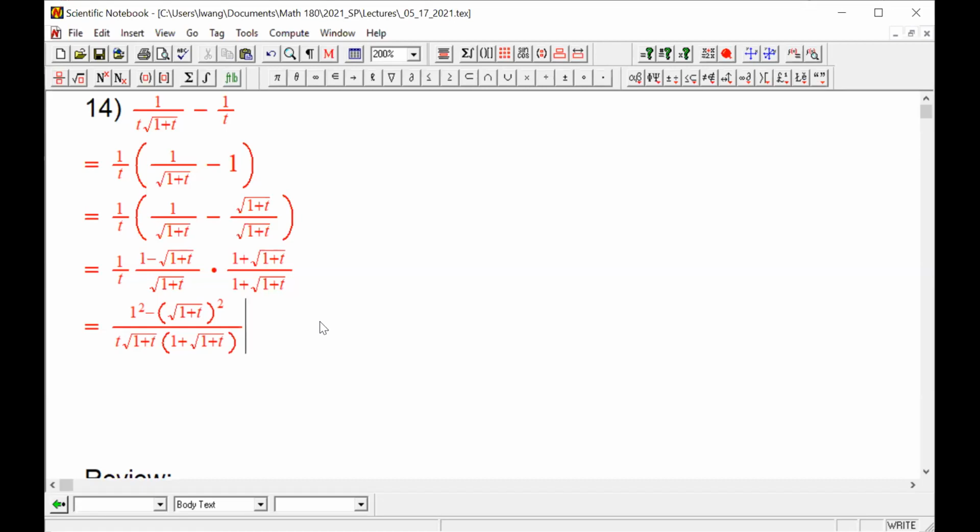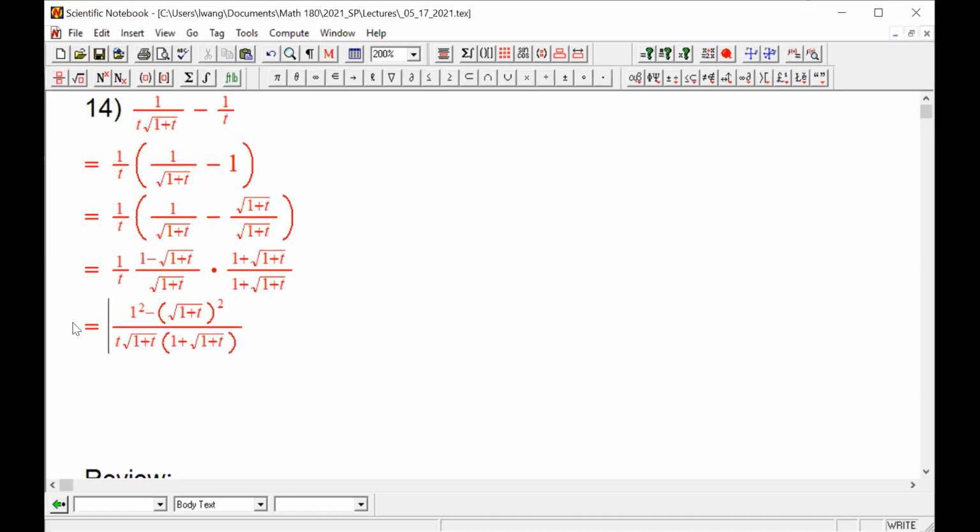You will find that throughout your calculus classes, in a lot of situations, I'm not saying every situation, especially calculus 1, you want to keep everything in factored form. So that's why I'm not going to multiply these out. Just keep it in factored form.